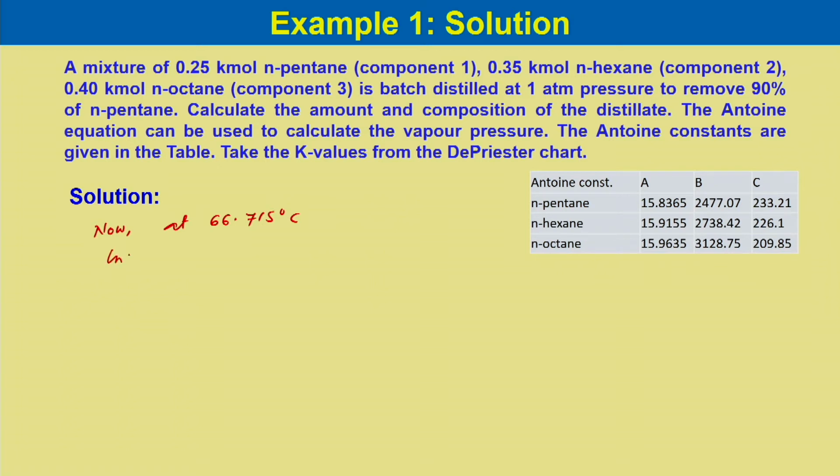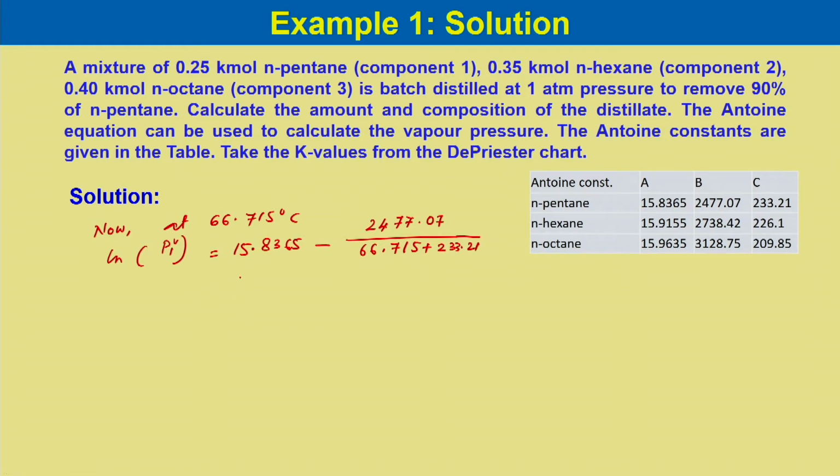So, ln P1V would be equal to 15.8365 minus 2477.07 divided by 66.715 plus 233.21.